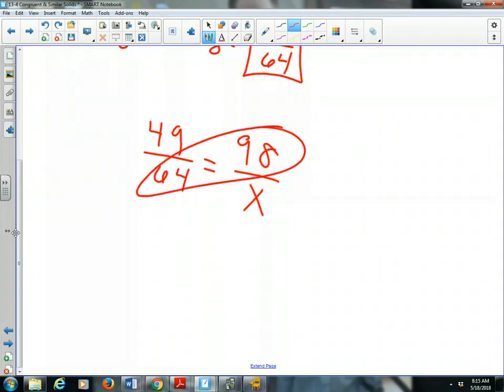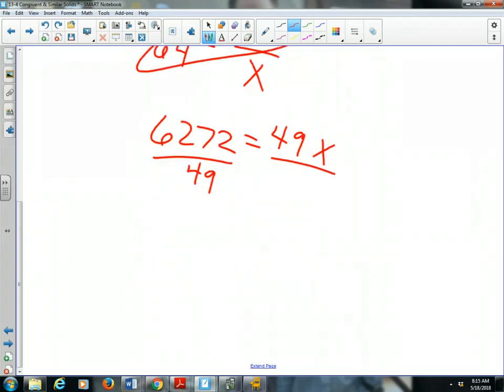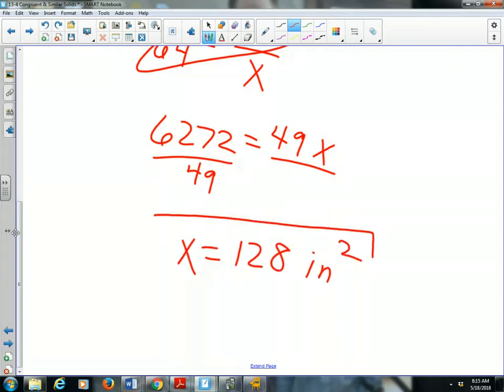We would cross multiply. 64 times 98 is 6,272, and that equals 49x. Divide both sides by 49. If these two cubes are similar, and one has a surface area of 98 square units, then the other one is 128 square inches. And there's our first example problem.